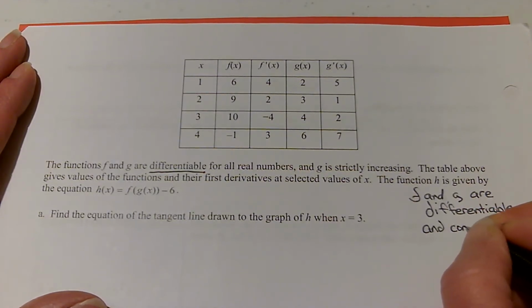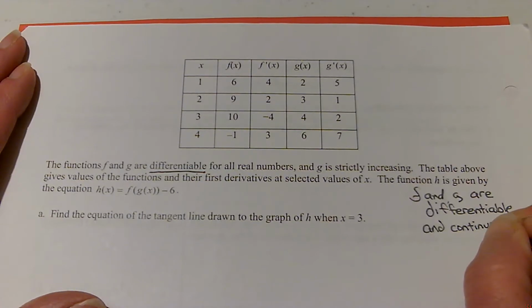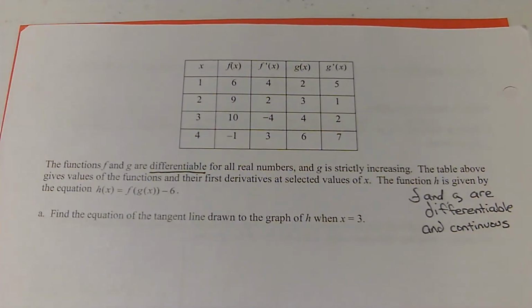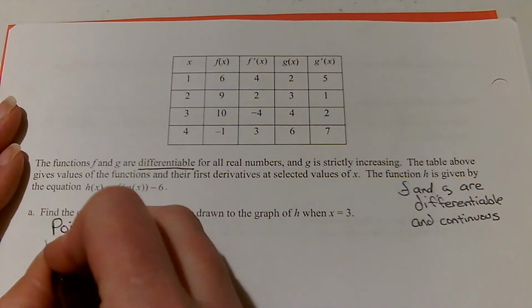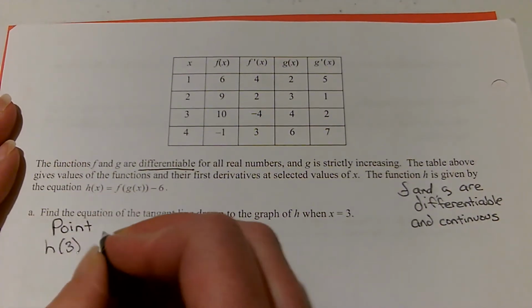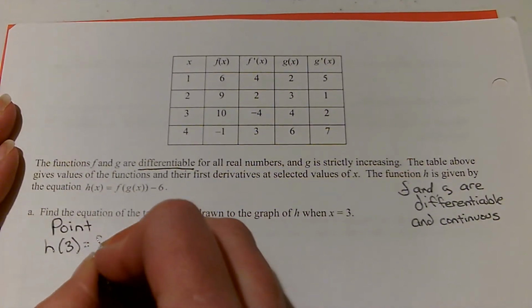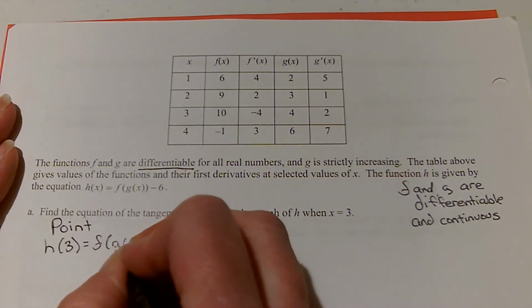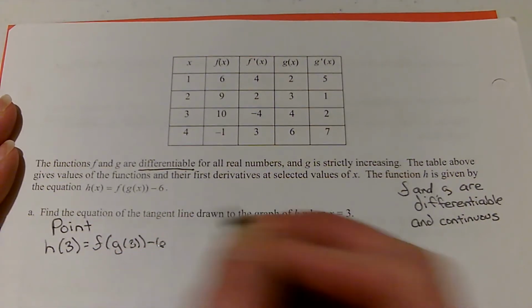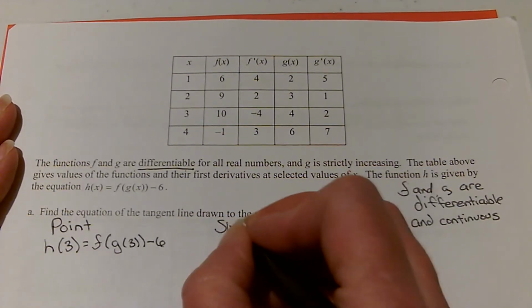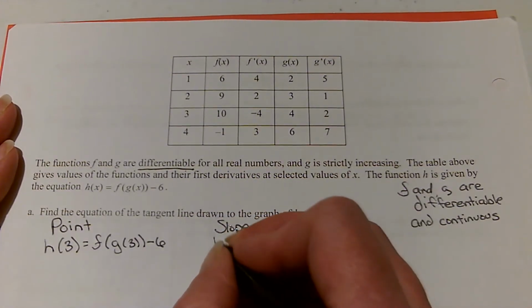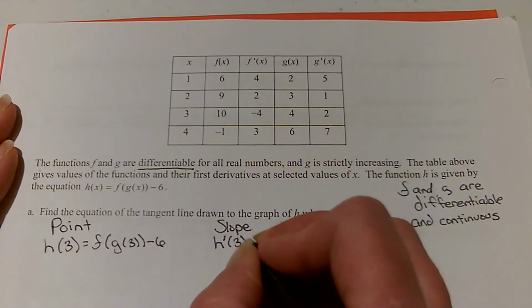Once I know they're differentiable, I know they're continuous. So any rules are going to apply. And h of x is given by f of g of x. Our point is going to be h of 3, which means that's going to be f of g of 3. And then we're also going to have to find the slope, which is going to be h prime of 3.